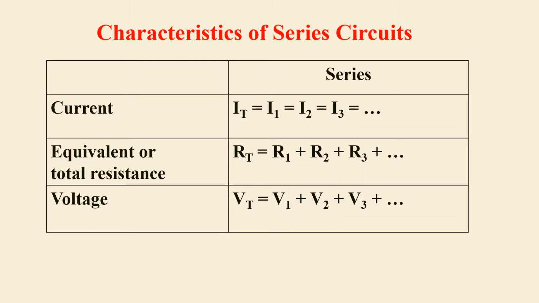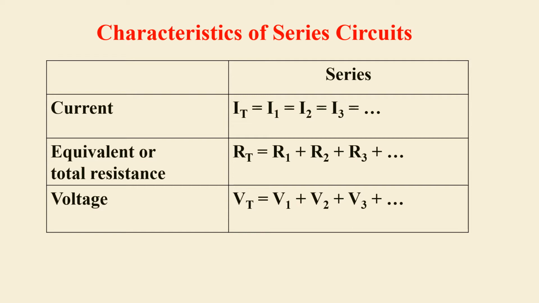This table shows the characteristics of series circuits. In series circuits, the total current is equal to the individual currents. That is, I sub t equals I sub 1 equals I sub 2 equals I sub 3 and so on. The equivalent or total resistance is obtained by adding all the resistances.